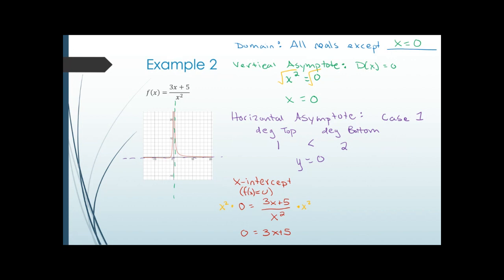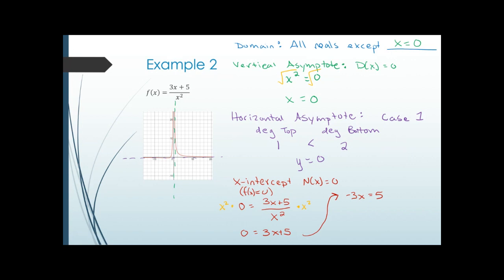In order to find the x-intercept, you ignore the denominator. If the numerator is n of x, you set that equal to 0 and solve for x. So if I solve this for x, I'm going to subtract 3x so that my x is on the left. So I have negative 3x equals 5.